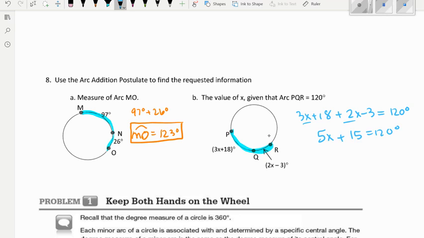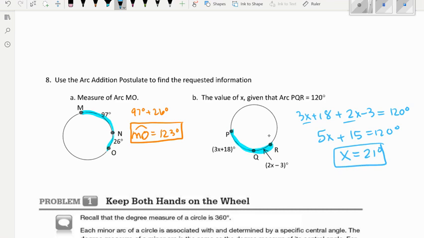And then we want to subtract the 15 and divide by 5. So you would end up with x being equal to 21 degrees. It doesn't ask for what arc PQ and QR are equal to, but you could easily find that.